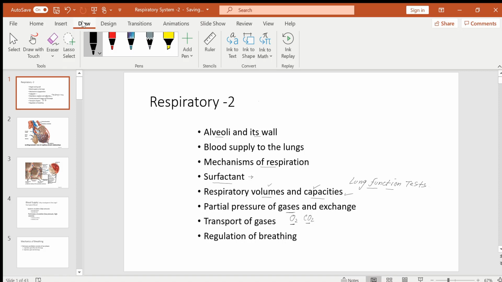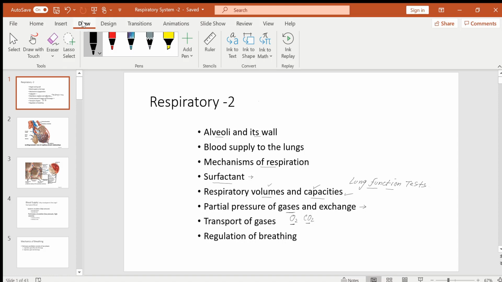So one thing is very important. The gas moves from one compartment to another, or one place to another, by the pressure. So the difference of pressure. Gas always moves from the high pressure to the low pressure. Okay.